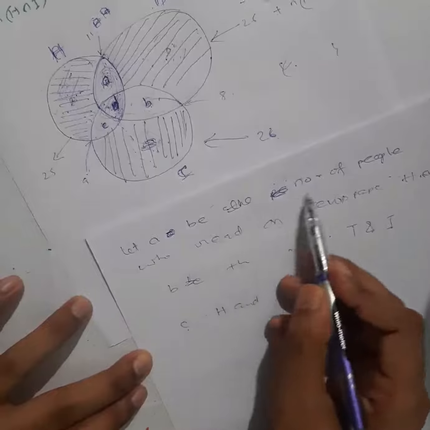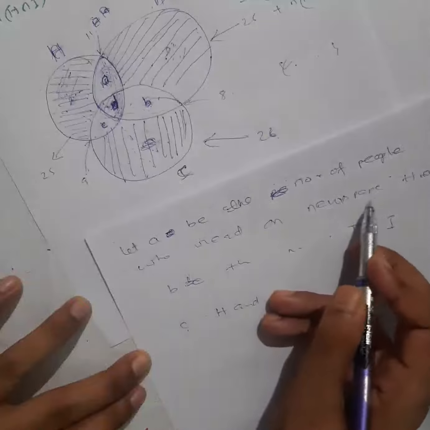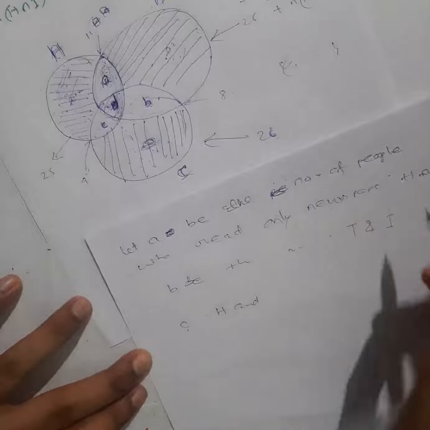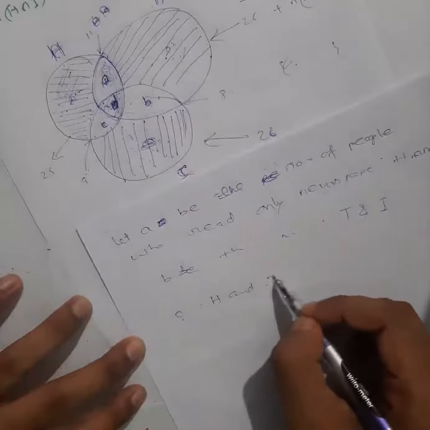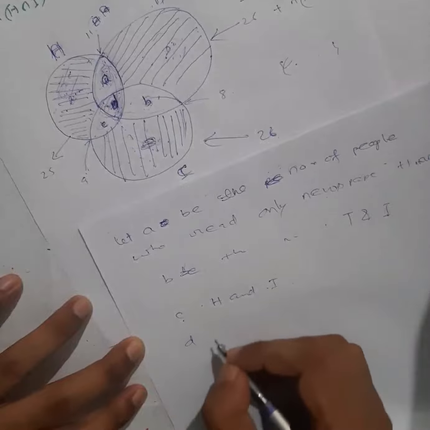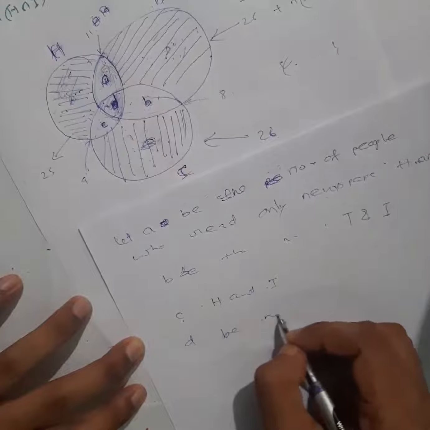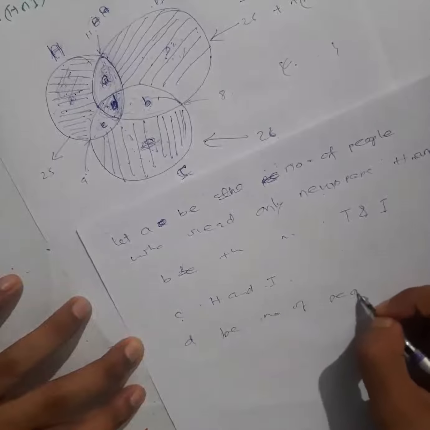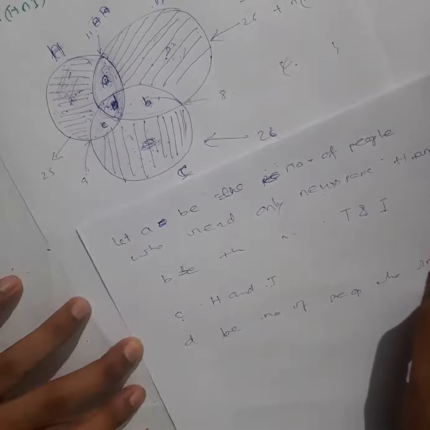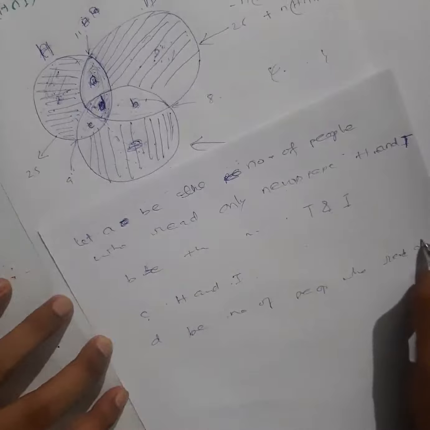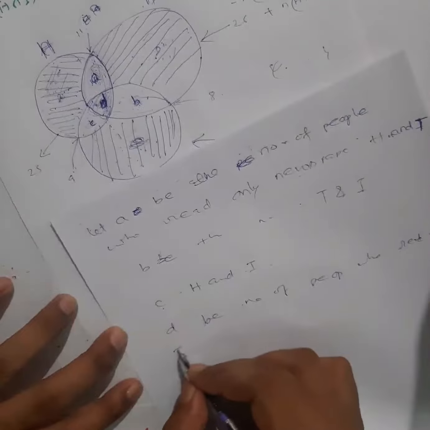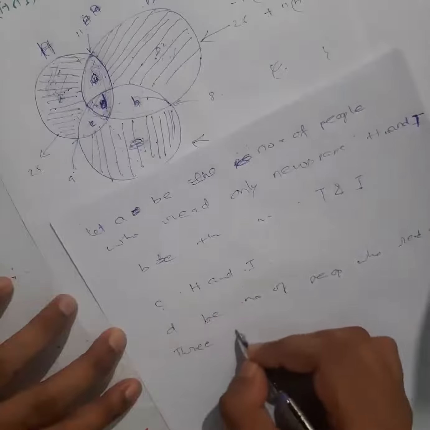C be the number of people who read only newspaper H and I. Okay, and D be the number of people who read all. This is already given. All three newspapers. Okay, this is the statement you can write.